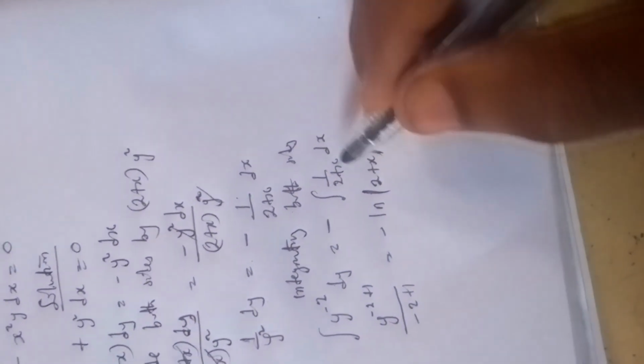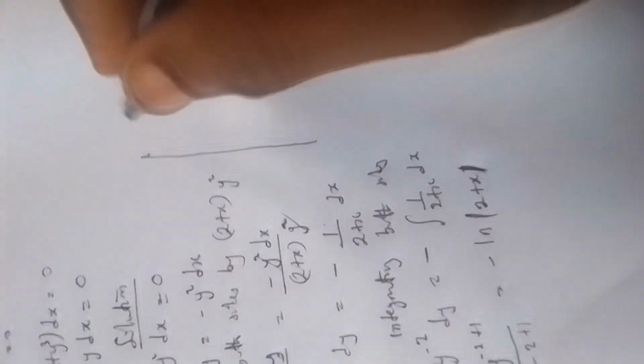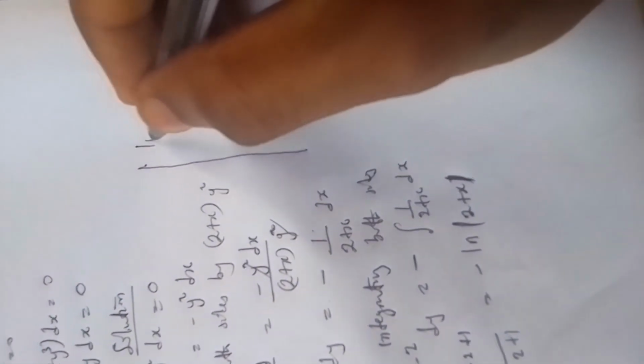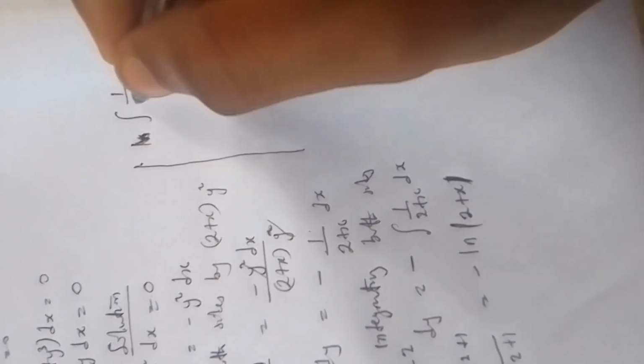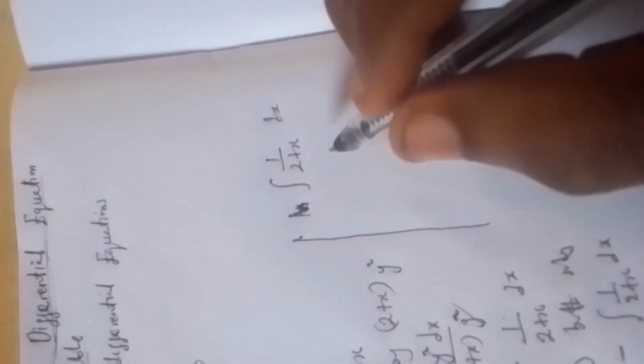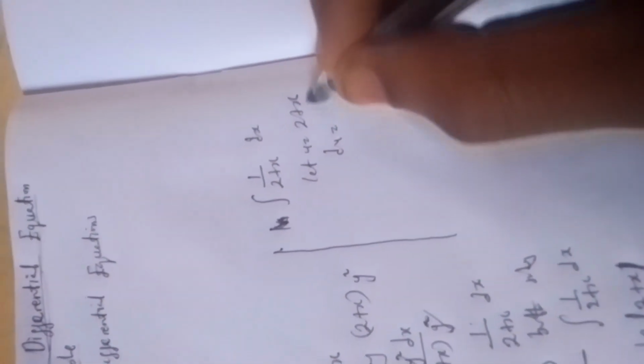For those of you that don't know how to integrate, let me just use this part to explain that. If you have the integral of 1 over 2 + x and you have to solve this, you use what we call integration by substitution. You let u be 2 + x. If you differentiate this with respect to x, you get du/dx = 1, because if you differentiate x, you get 1. So du is equal to dx.